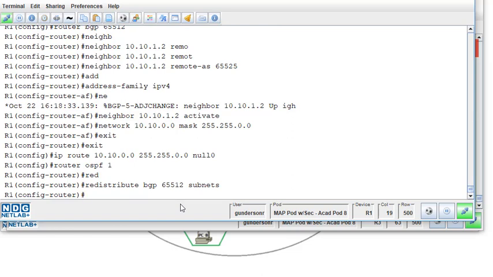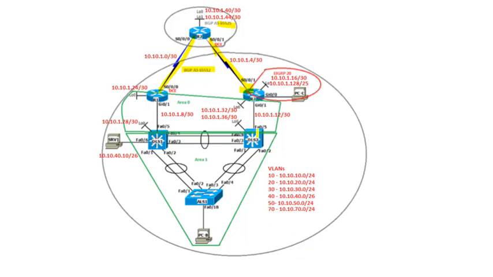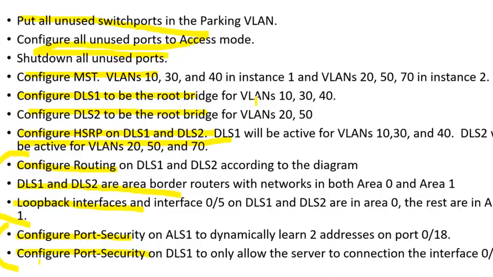Let's go back to our picture for a minute here. So we've configured our BGP up through here. We've configured our BGP down here in our AS 65512. Let's go down and see what we've got left.